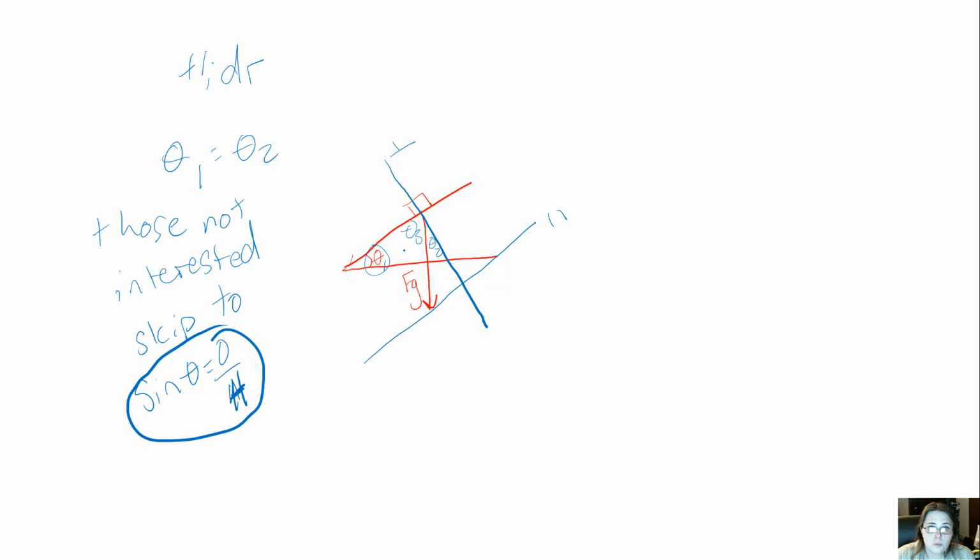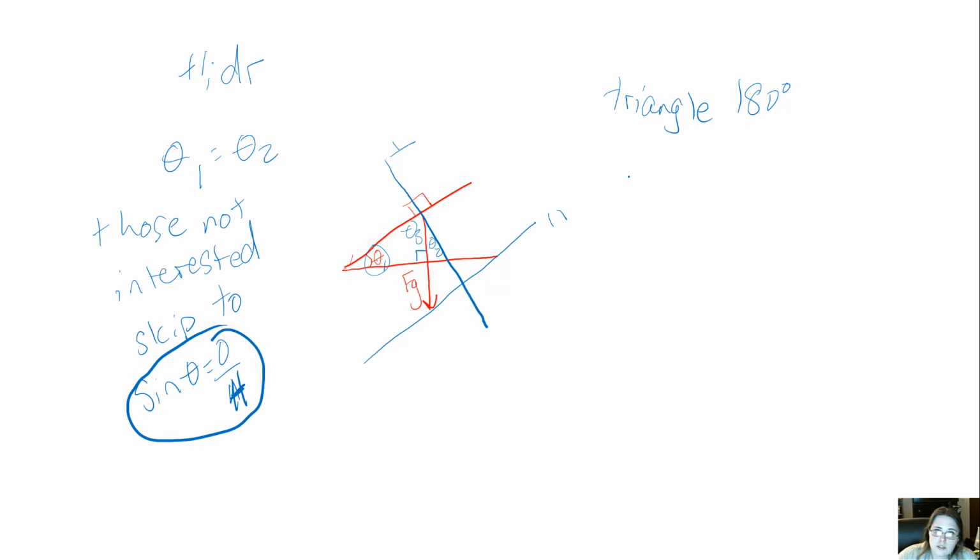But for those of you who want to know how on earth I get that theta 1 is equal to theta 2, let's just look at this pretty briefly. So we know that the angles of a triangle add up to 180 degrees. In this case, we have theta 1, theta 3. This is a 90-degree triangle because it's going straight down.